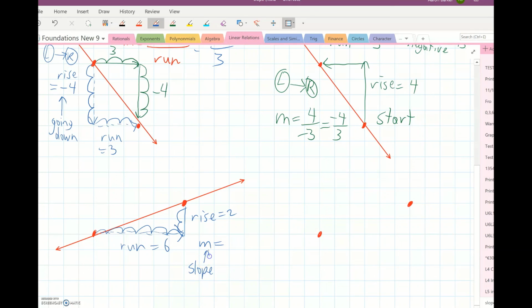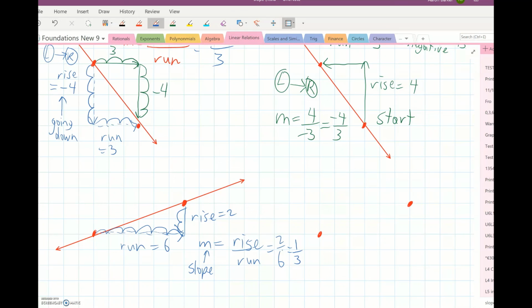So your slope, which is represented by the letter M, so just remember, this is your slope letter. That's what they've designated it, the International Federation of Linear Relations. Rise over run equals 2/6, but we have to go in lowest terms because that fraction is not reduced. Lowest terms, we divide them both by 2, it's 1/3. Always reduce your fraction to lowest terms.